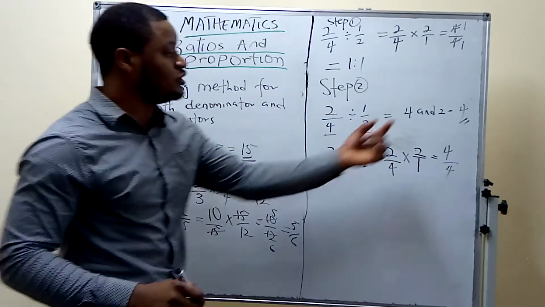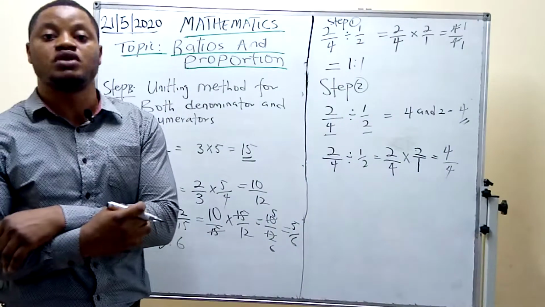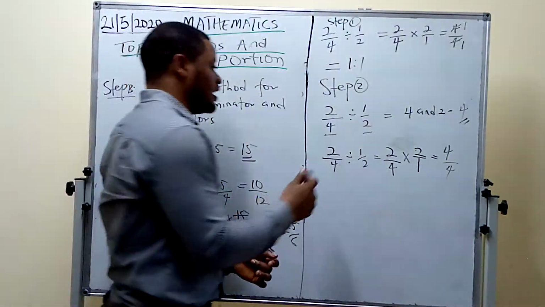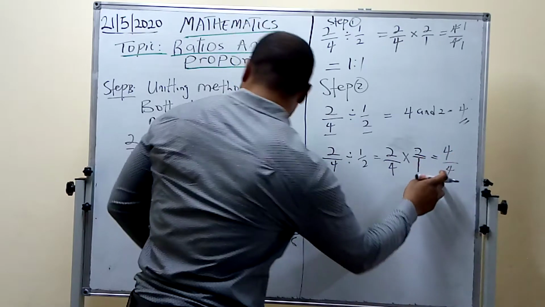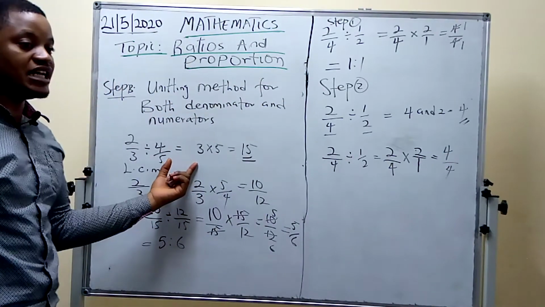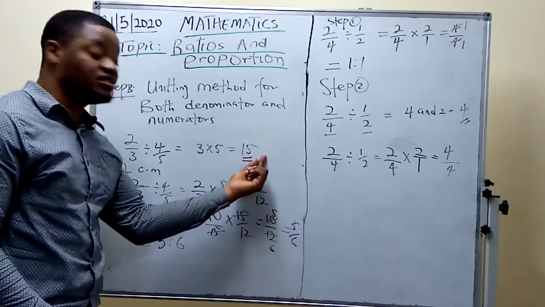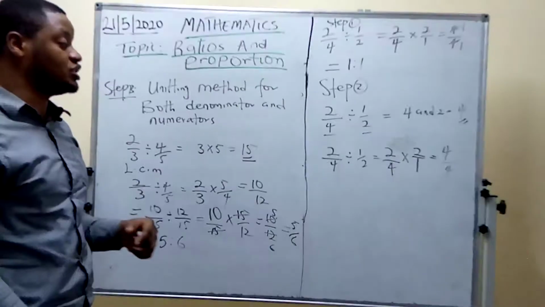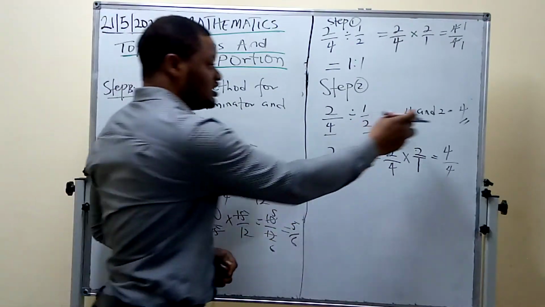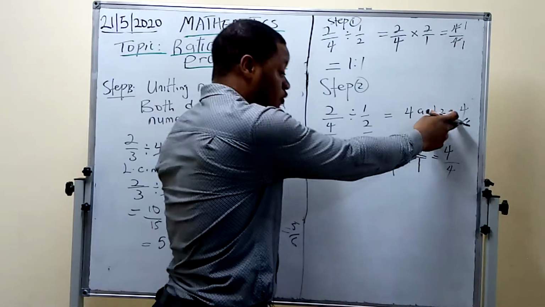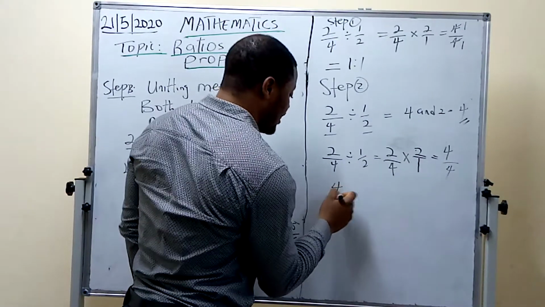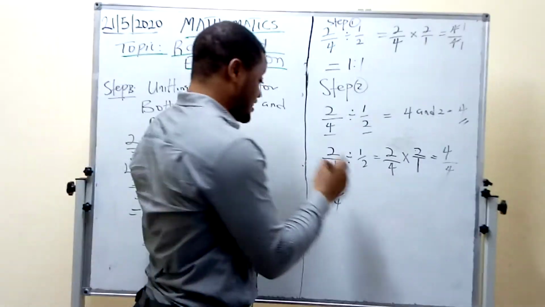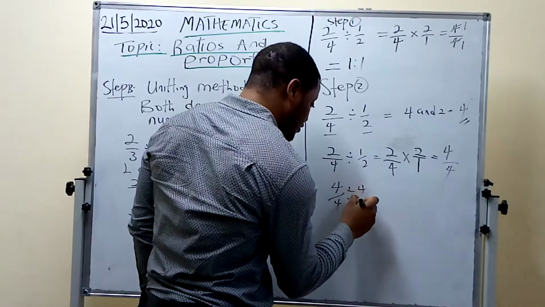Now you have to consider the LCM here as well. I have said that earlier that you use the LCM to create another fraction. This is my LCM for this. I have 4. So 4/4 divided by 4/4.